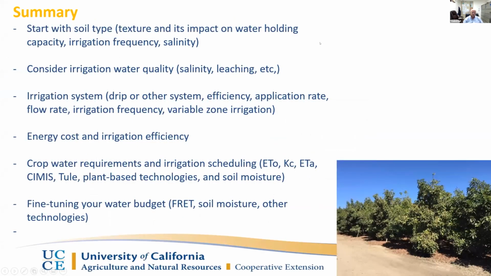To summarize, it's essential that you know what type of soil that you have, because it has a big impact on the decisions that you will make in terms of irrigation frequency and how much moisture you can hold in the soil profile. It will also make an impact whether you'll have salinity buildup or not.